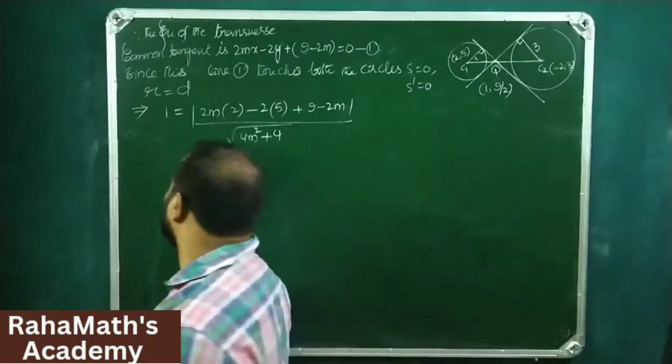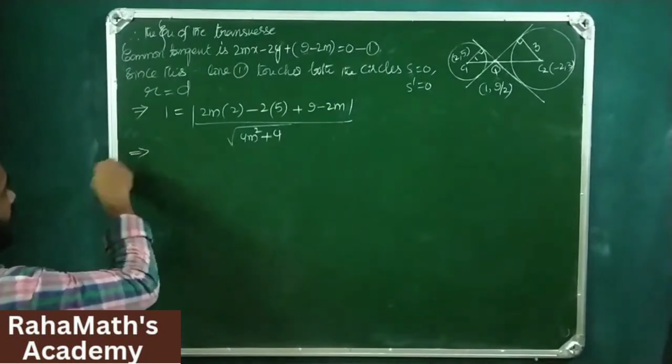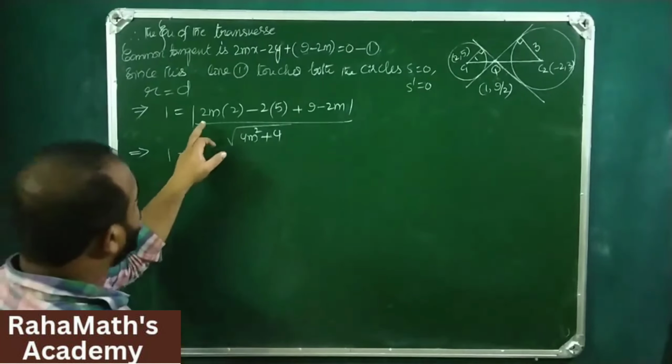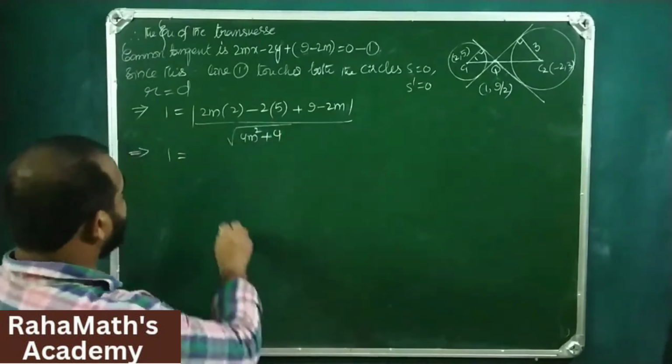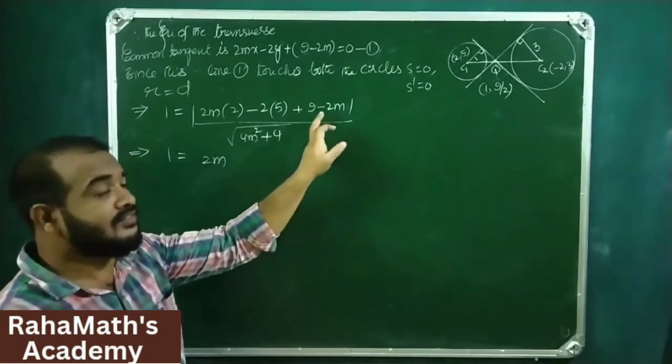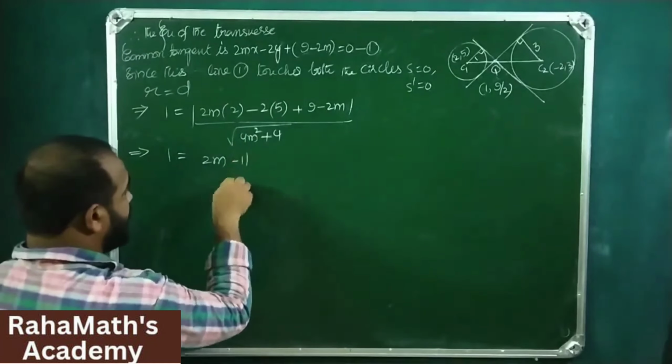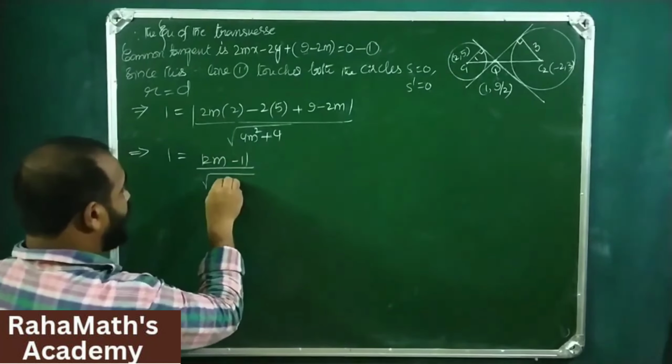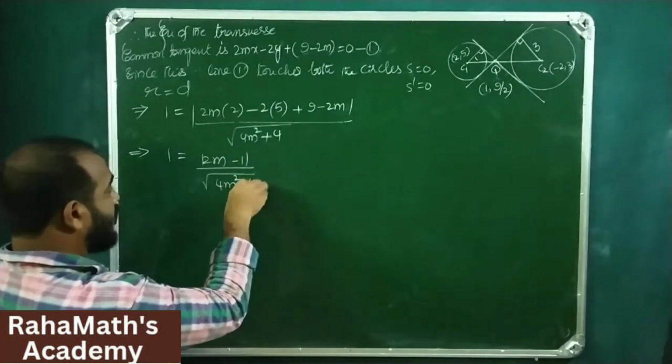So now 1 is equal to 2 into 4m minus 2m, which is 2m, minus 2 into 5 is 10, plus 9, so which is minus 1, by the square root of 4m square plus 4.